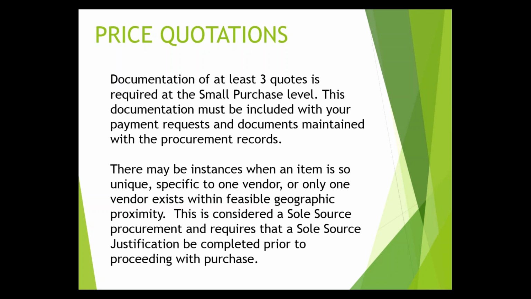Sole source justification is not required for any purchases at or below the micro level. So for the sole source justification, we also have a form you can use to fill out. We try to avoid sole source as much as possible because compliant procurement is all about open and fair competition.